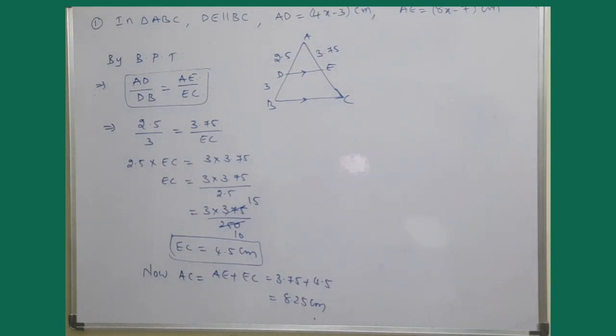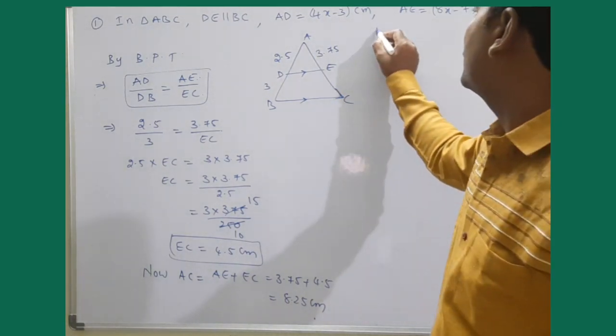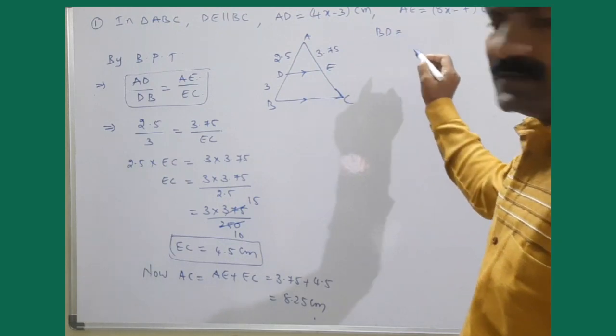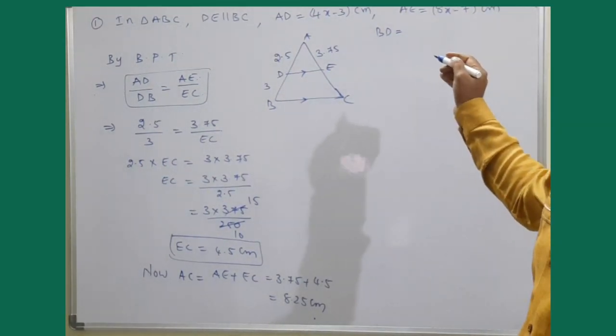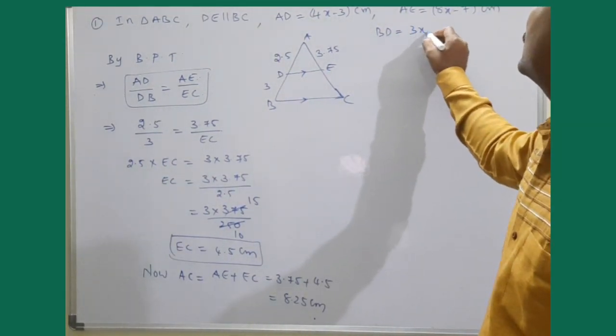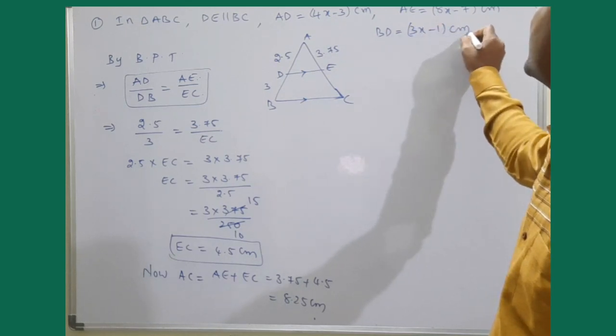Okay? And BD is equals to 3x minus 1 centimeters.